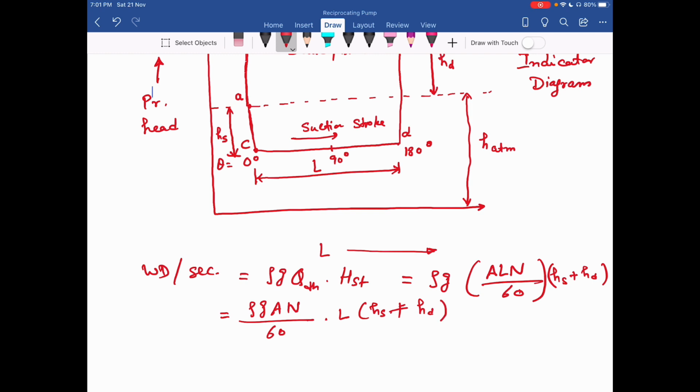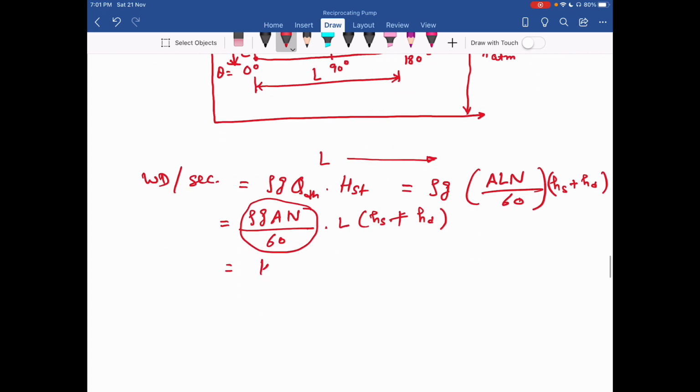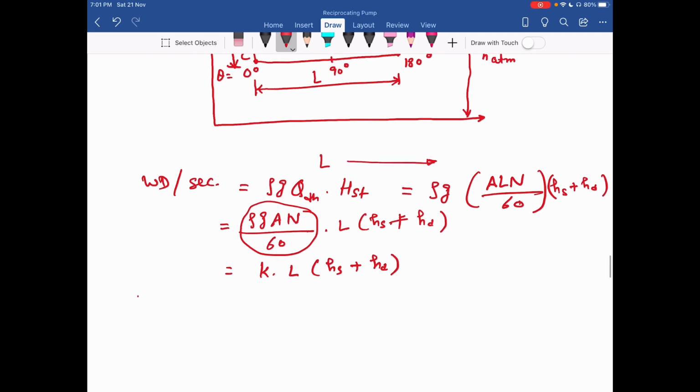Now when my pump runs at a constant speed and for a given area of cylinder, this term is constant, so I can write it as K L (HS plus HD). So work done per second is proportional to L into (HS plus HD). This is my area under the indicator diagram.